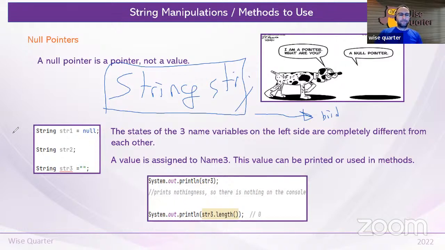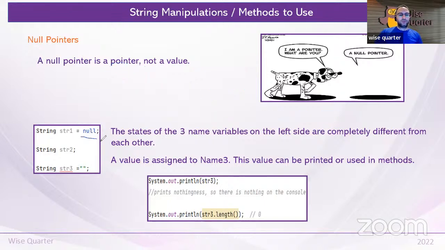Let's check this part. Actually, all of them are different. First one is a null, as you can see, and there's an assignment, okay, but the value is not written between double quotes. It is the key. If there are no double quotes at the beginning and ending of the value, it means this is a null pointer, and we can only write null here.